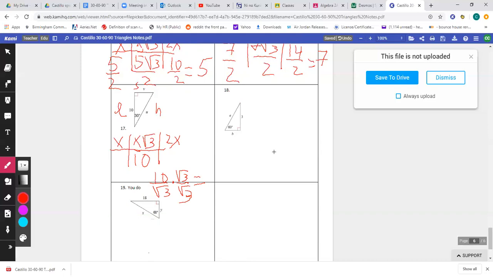And so this becomes 10 √3 over 3. Then the last step is easy because all you have to do is just double that. So this will just be 20 √3 over 3.